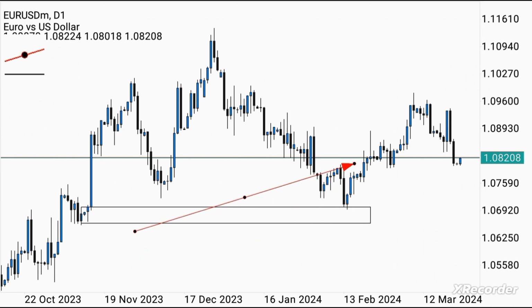Identifying that the market is still in an uptrend. So the next target for this market is to take out this high. So from now on, the market is in an uptrend.